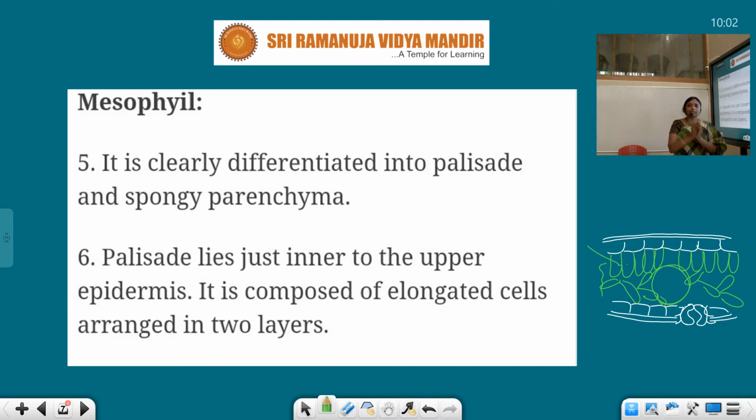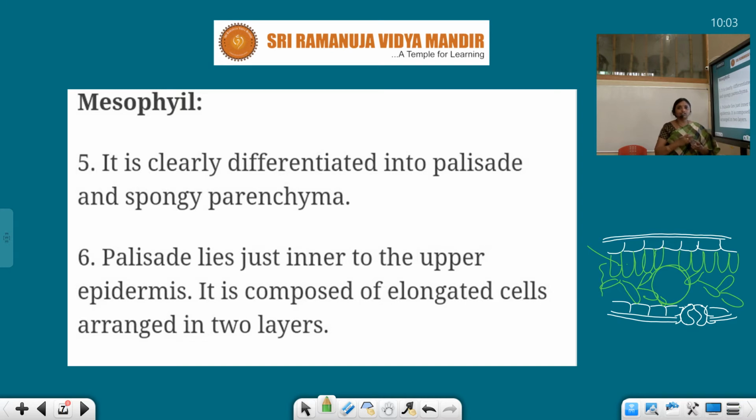These tissues are column like structure and arranged in a very compact manner. So they are compactly arranged without gaps, without intercellular spaces, the palisade tissues, and more chlorophylls are present in palisade tissues, whereas below that spongy tissues are present. These are also made up of parenchymatous cells, but these cells are loosely arranged, and fewer chlorophylls are present in spongy parenchyma.